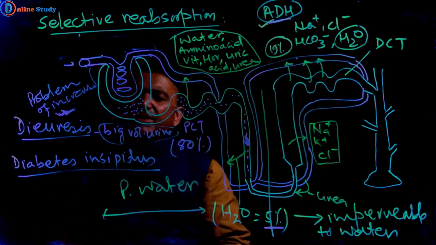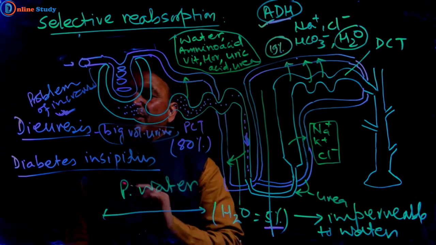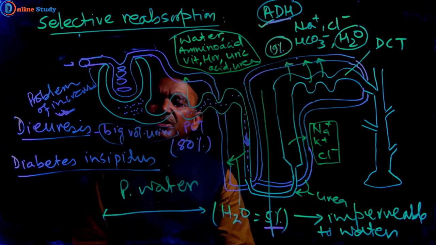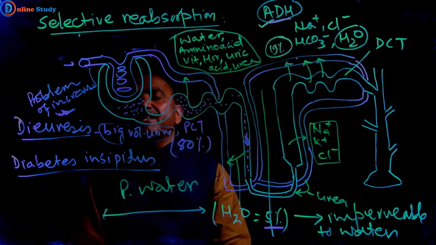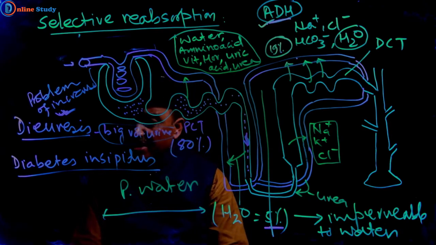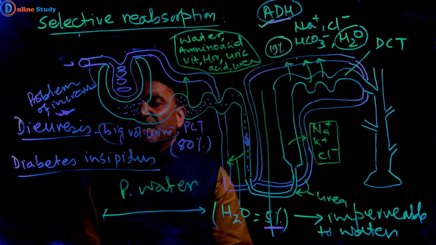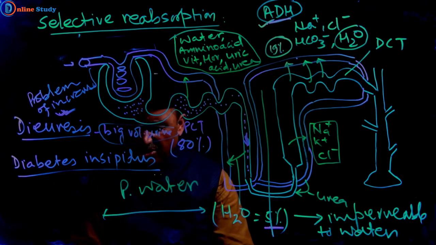Another one is diabetes insipidus. We know diabetes mellitus and diabetes insipidus. In diabetes mellitus, glucose is present in the urine, but in diabetes insipidus, only a big volume of urine is formed.